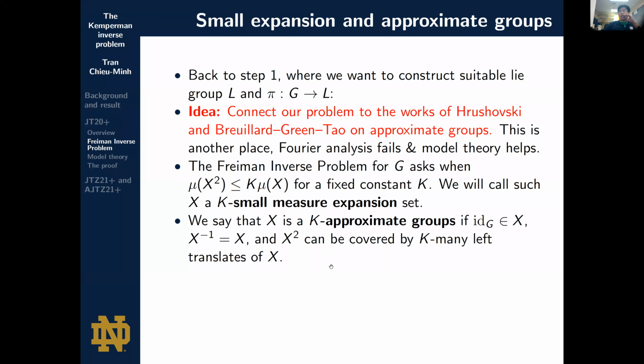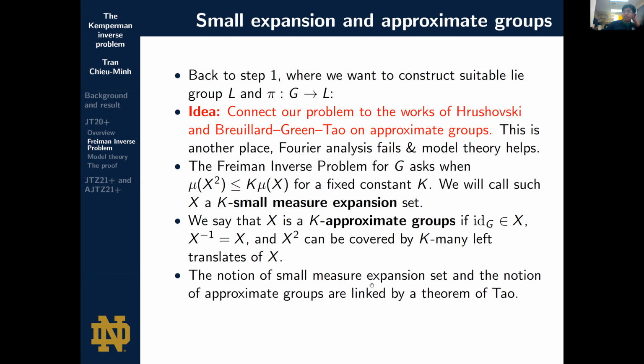And there is a closely related notion of a K-approximate group, which imposes that the identity needs to be in X, X needs to be symmetric, X inverse equal to X, and X squared can be covered by K many left translates of X. And you can see clearly that a K-approximate group must be a K small measure expansion set. But there was a theorem of Tao saying that these two notions are really close.